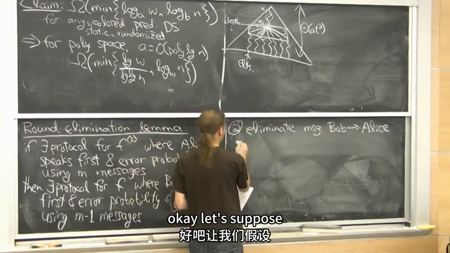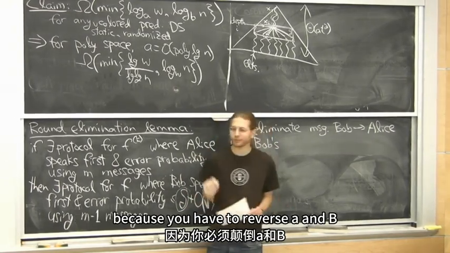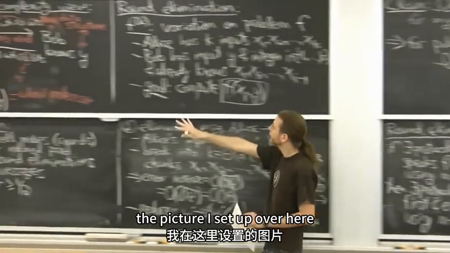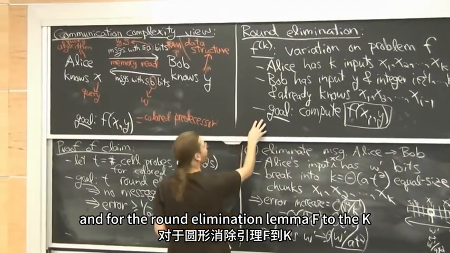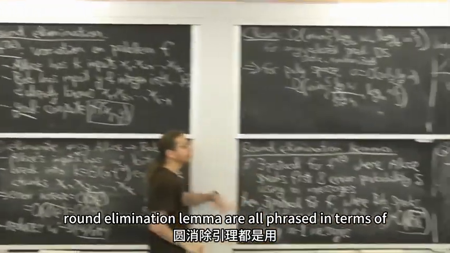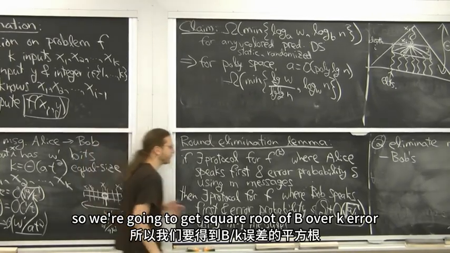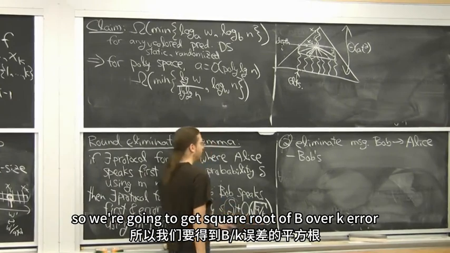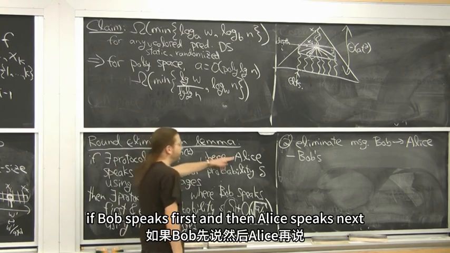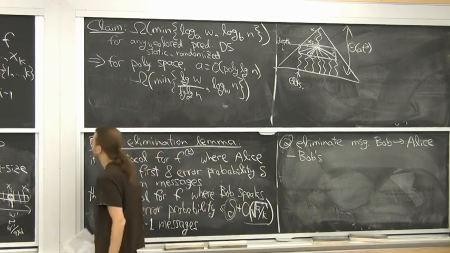Let's suppose, so this is going to get slightly confusing notationally because you have to reverse A and B. The picture I set up over here, and the round elimination lemma, f to the k and round elimination lemma are all phrased in terms of eliminating the Alice to Bob message. You've got to invert everything. So we're going to get square root of b over k error if I don't relabel things. So you can restate this: if Bob speaks first and then Alice speaks next, you get square root of b over k error.